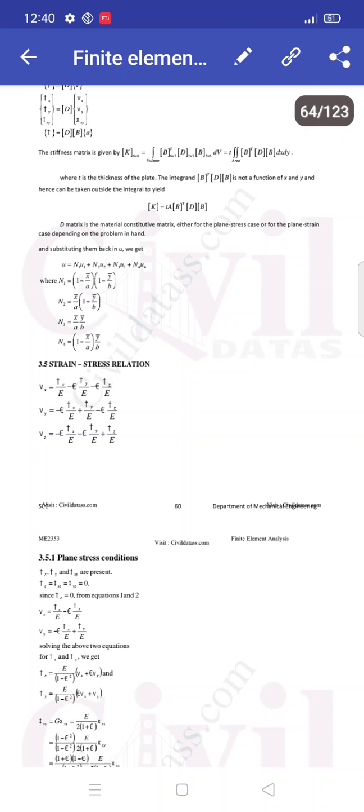Stress strain relations. The strain epsilon x is equal to sigma x by E minus nu sigma y by E minus nu sigma z by E. This is the standard format.